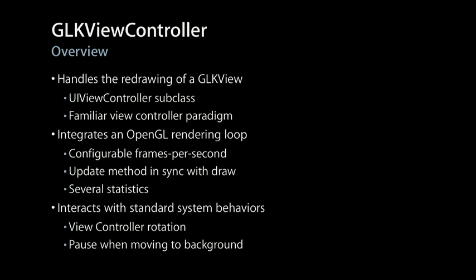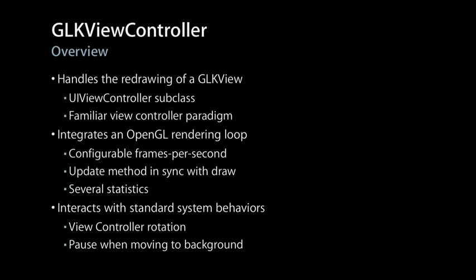And the GLKViewController also provides several statistics. But most importantly, this gets OpenGL ES-based applications onto the path of using a view controller to manage display orientation changes. And this is very important because most OpenGL ES-based games aren't completely standalone anymore. They need to work seamlessly with other system behaviors like Notification Center and Game Center and the screens that those other APIs present to you.